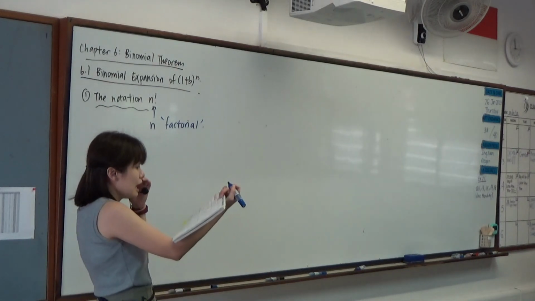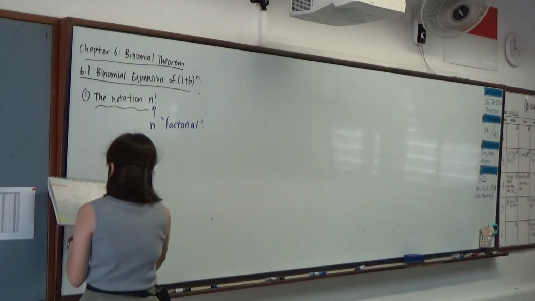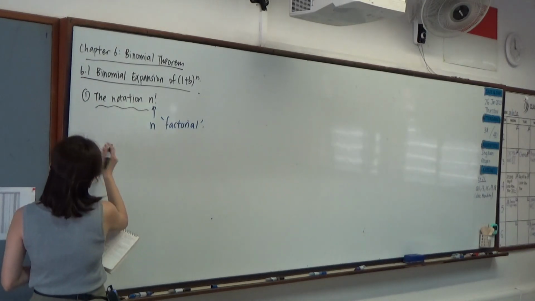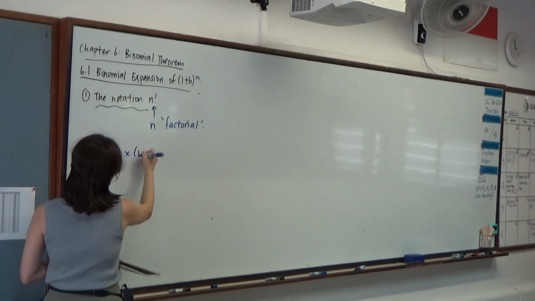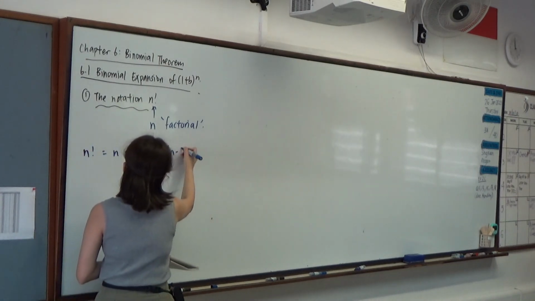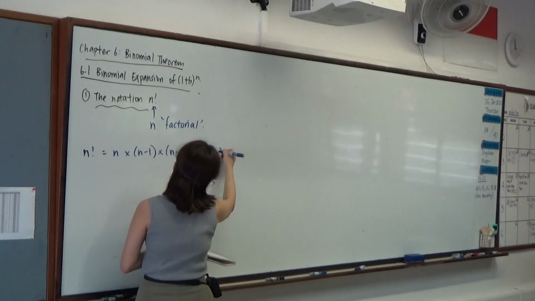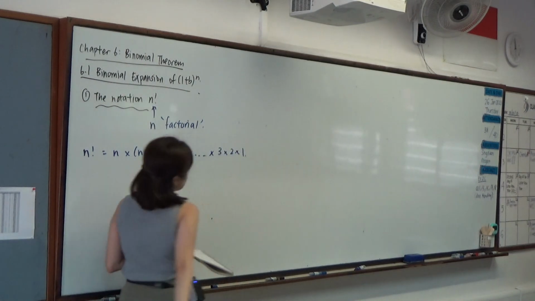So, what does n factorial actually represent? N factorial represents n times n minus 1 times n minus 2 times all the way till it ends at 1.